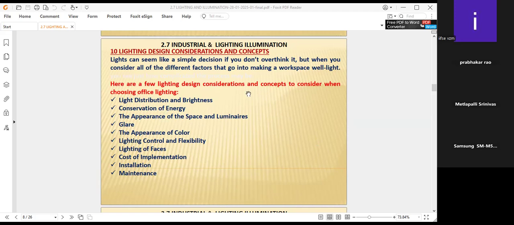See, for example, Crompton and Philips. If you go through the specifications given for 12 watts, the specifications given for Philips are different. If you closely observe, 12 watts of Crompton has less brightness in lux, whereas Philips has heavy brightness.